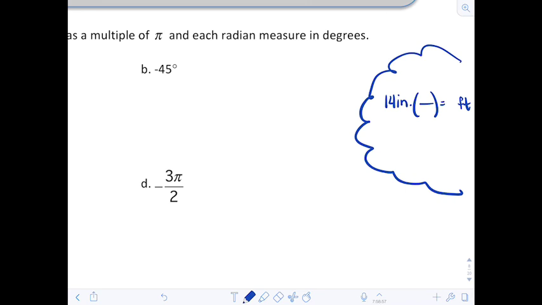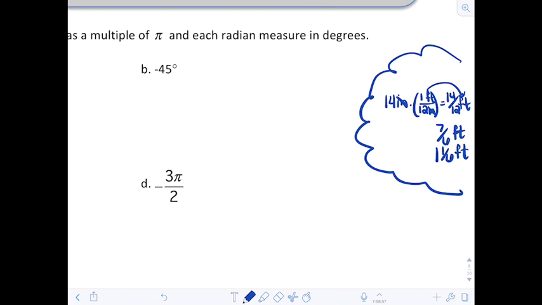So when I want to convert inches, I put the inches on the bottom and the feet on the top: 1 foot and 12 inches. They're the same amount, but this helps me convert from one unit of measurement to another. So inches are going to cancel, and I'm left with feet. Now I have 14 over 12, which I can reduce to 7/6 of a foot, or 1 1/6 feet.